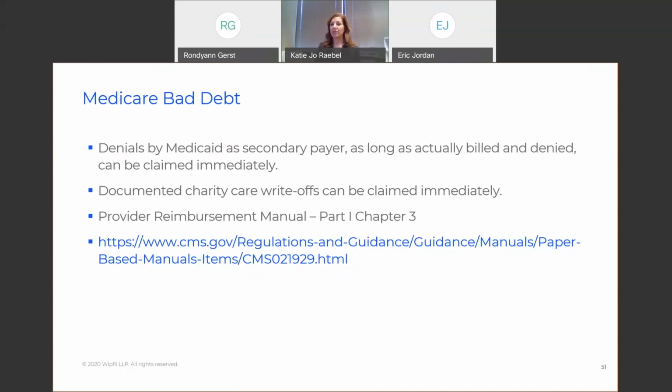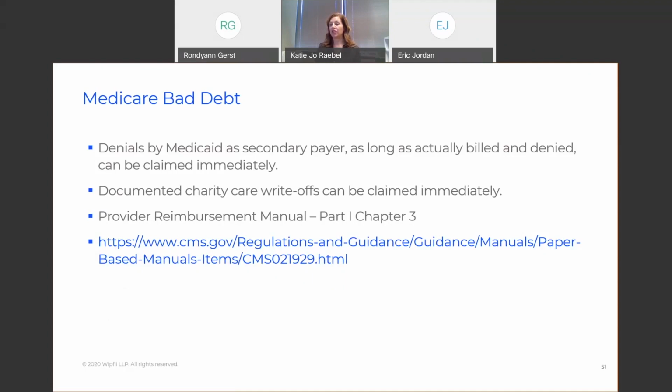And the third type is if we have a documented charity care policy, which is not required as a rural health clinic, it is as a federally qualified health center, but not a rural health clinic. We have a documented charity care policy, and it applies to all patients, and that patient meets our charity care policy and it's documented in the patient's file, then we can write those amounts off immediately as well and claim them on our cost report.